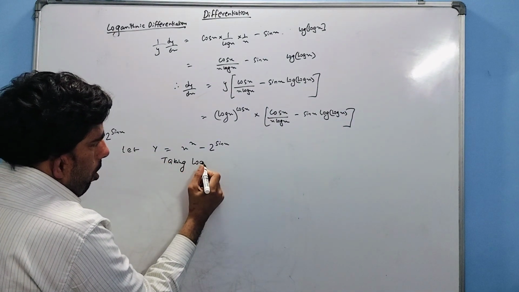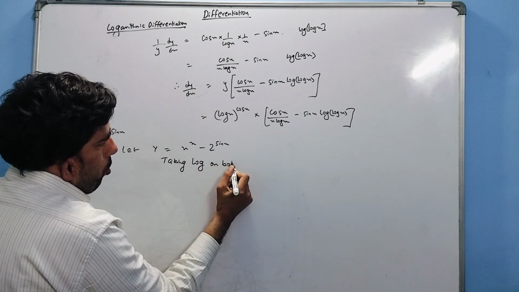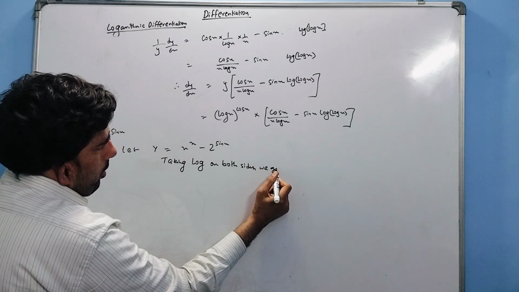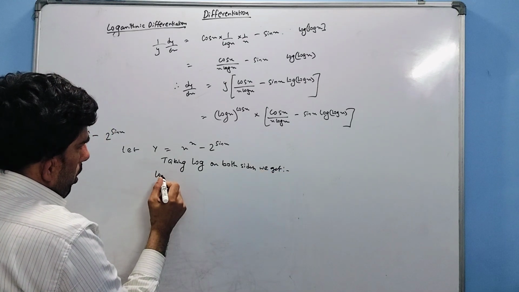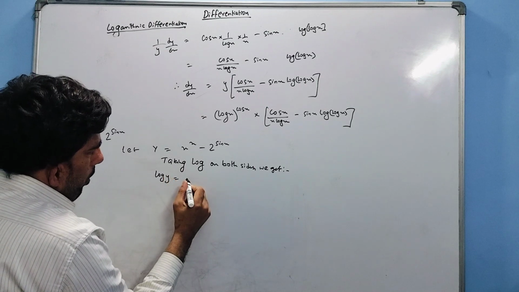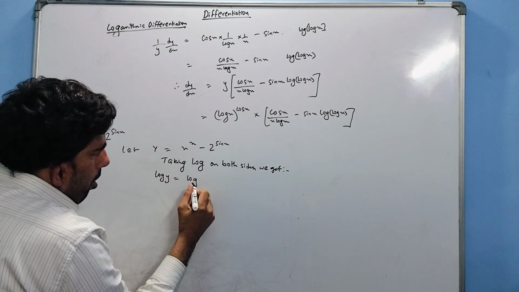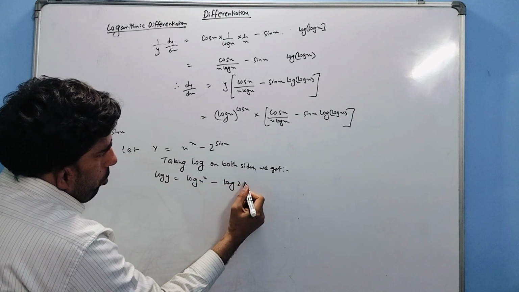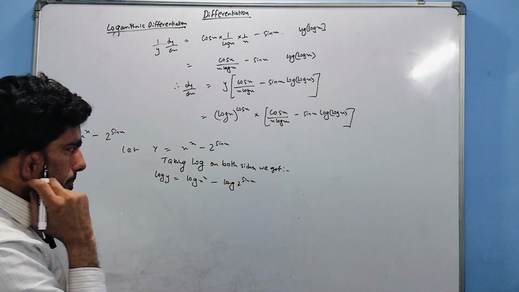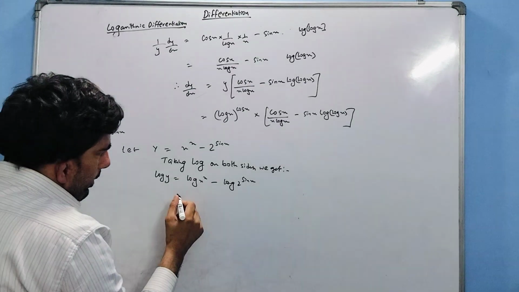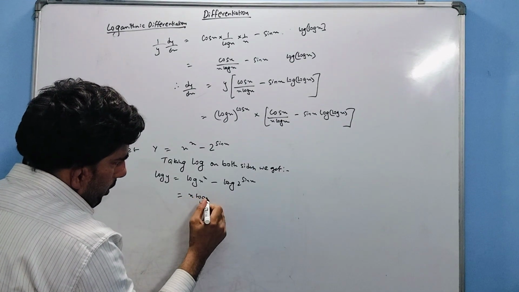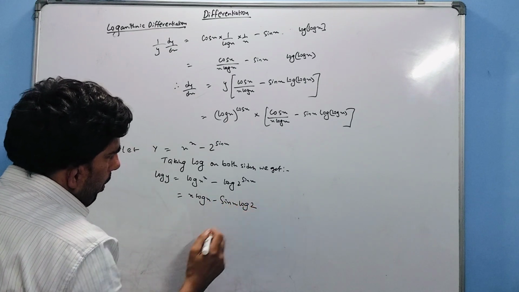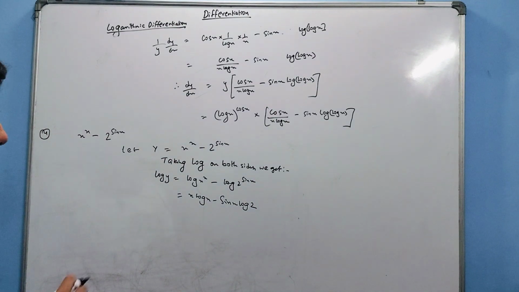Taking log on both sides, we get log of y is equal to log of x raised to the power x minus log of 2 raised to sin x. Okay, so we can write this as x log x minus sin x log 2. Now let's start to differentiate it.